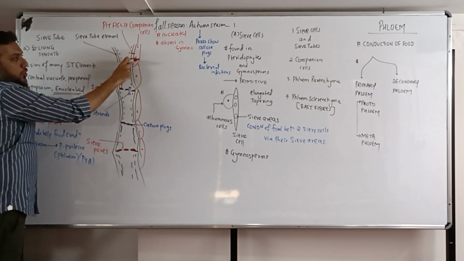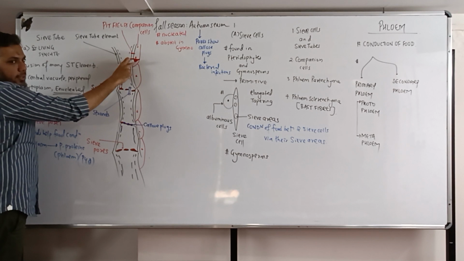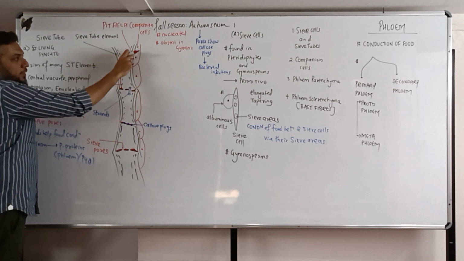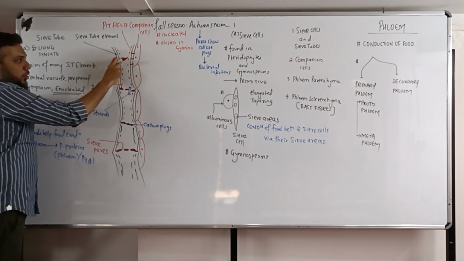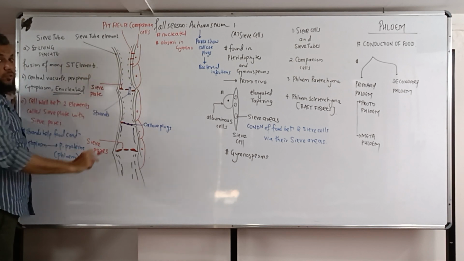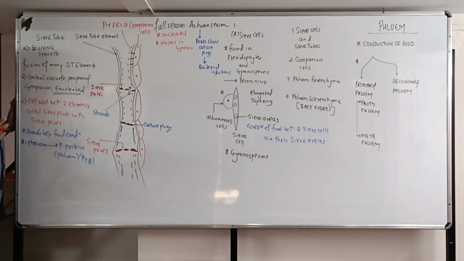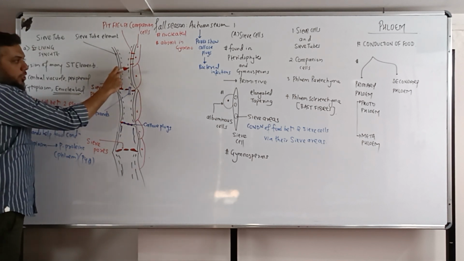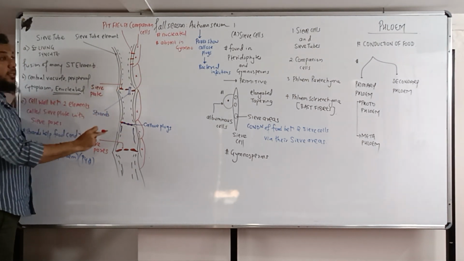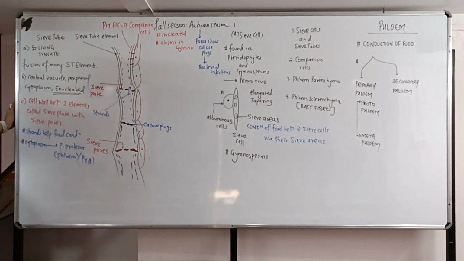As a result, the nucleus of the companion cell will produce proteins and enzymes, and it will control the sieve tube elements. It also helps to create a pressure called turgor pressure inside the sieve tube elements for the conduction of food. So in the chapter transport in plants, you will study that turgor pressure.